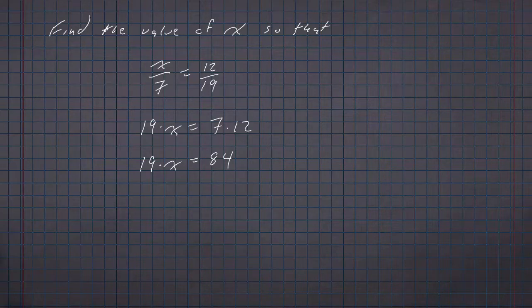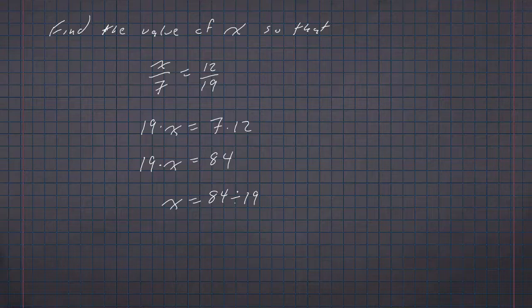Right. Now from here, if 19 times x is 84, I can take advantage of the definition of division as the inverse of multiplication and conclude that it must also be true that x is 84 divided by 19.